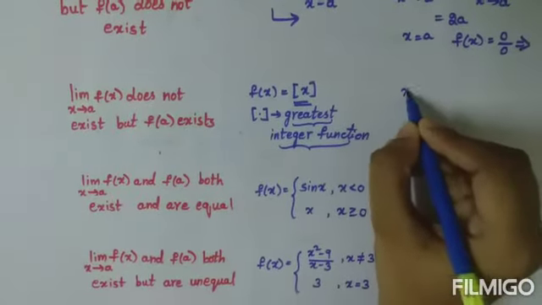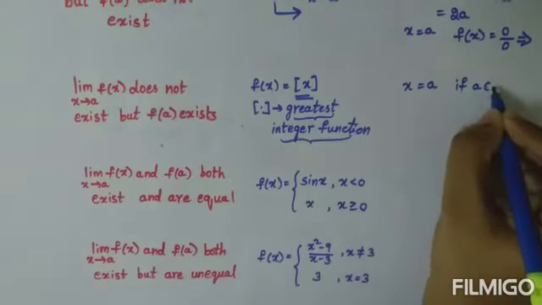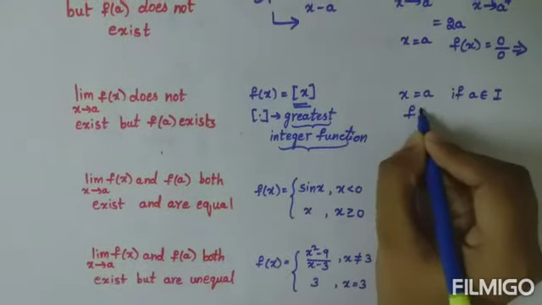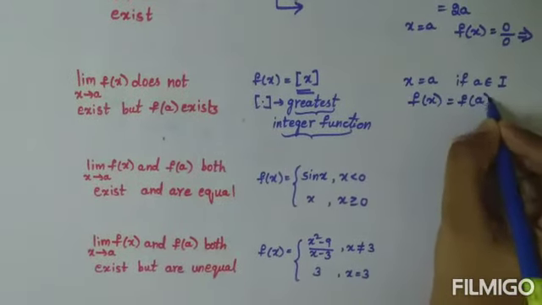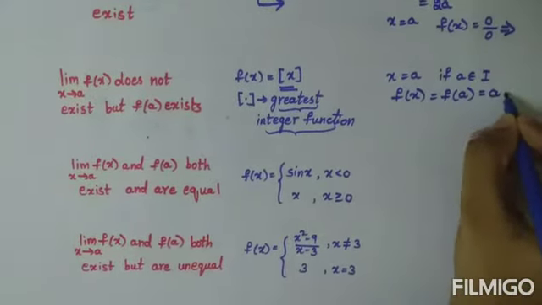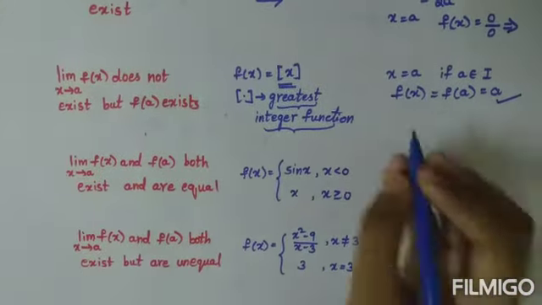At x equal to a, if a is an integer, then the value of f of x is f of a, which is equal to a. So the function at any a exists.